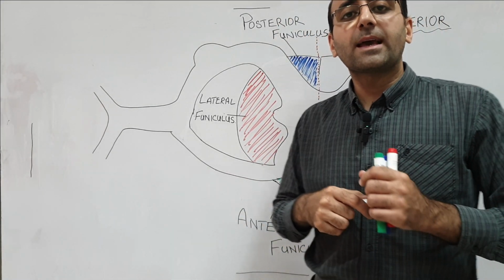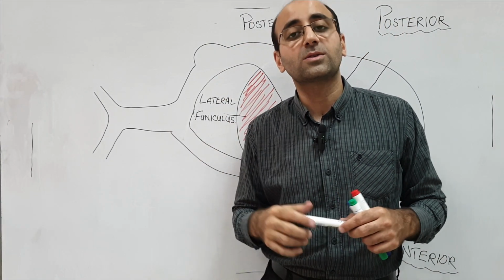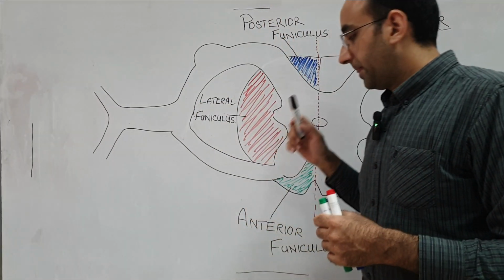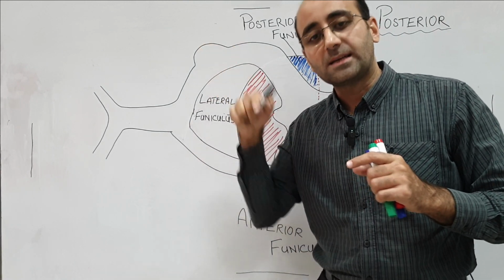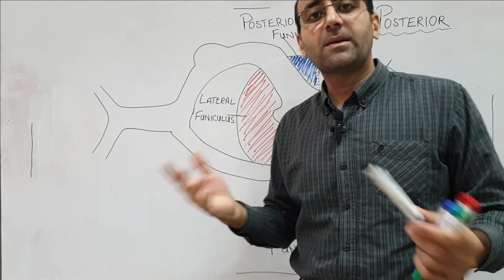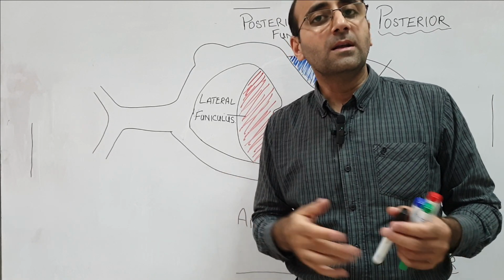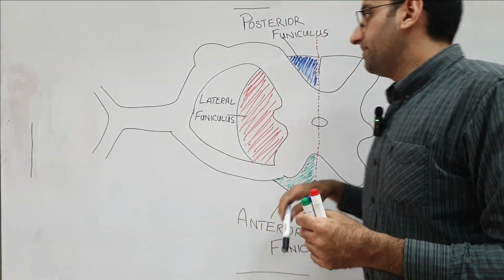Then come those tracts which carry information from the brain towards the effector organs, which show their effect according to the stimulus coming from the brain. Those are called the descending tracts or the motor tracts. So they carry information from the higher centers towards the effector organs and they perform any kind of function like movement of skeletal muscles or secretion from the glands.